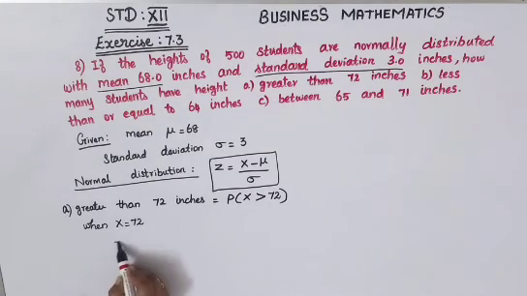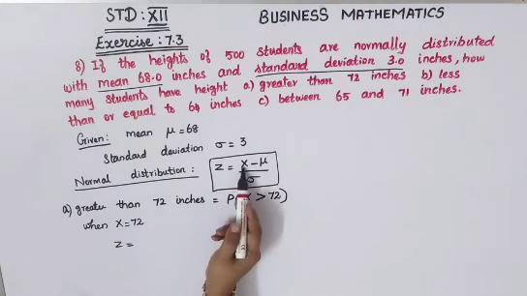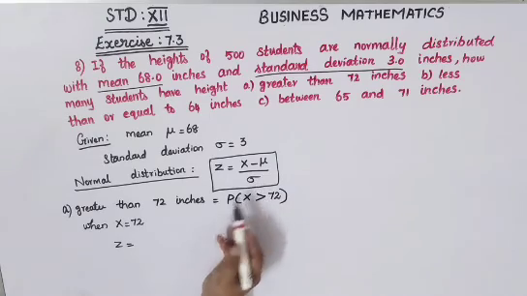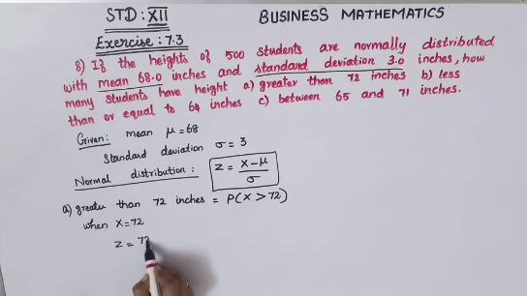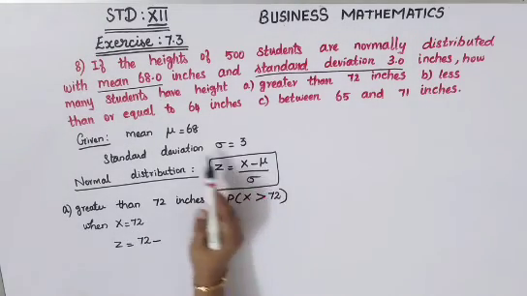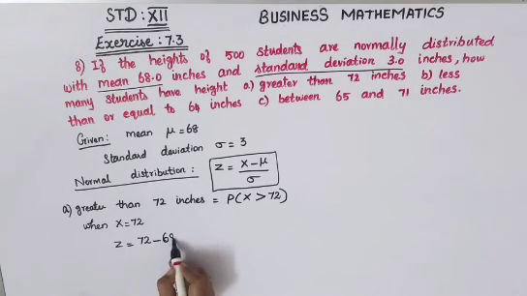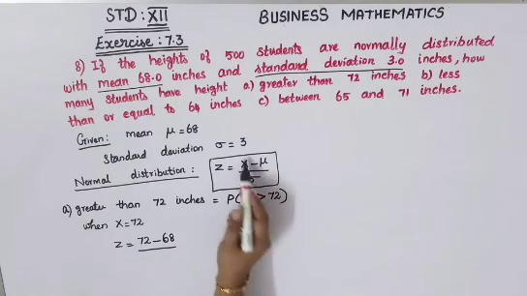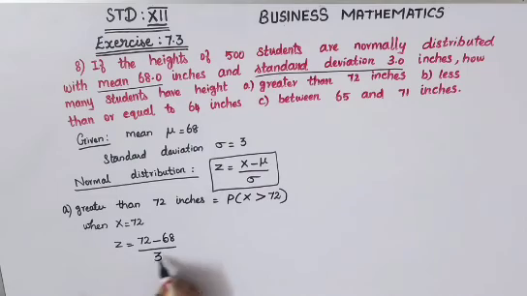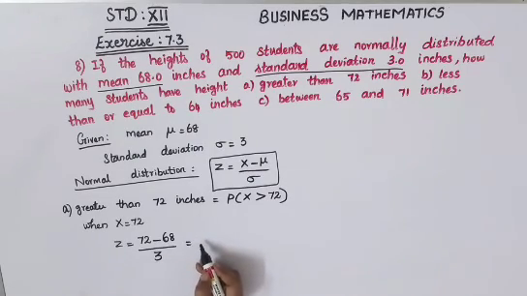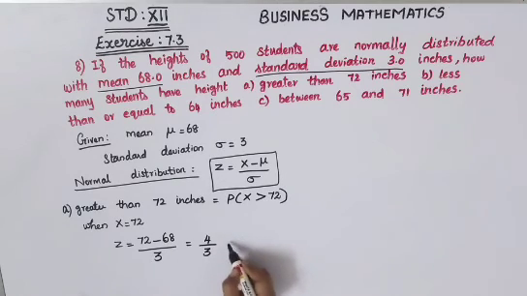So when x is equal to 72, z is equal to x minus mu divided by sigma. x is 72 minus mu, here 68, divided by sigma, this 3. So 72 minus 68 you will get 4. 4 by 3, if you divide 4 by 3, you will get 1.33.